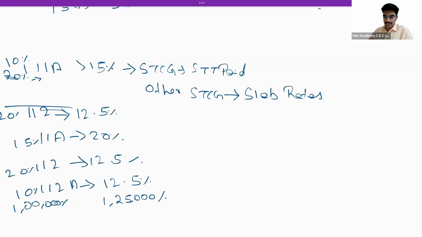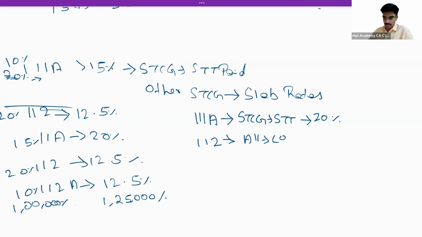So now the rate applicable for 111A, which is for short-term capital gains on which STT is paid, is 20%. In 112, for all long-term assets, the rate is 12.5%.